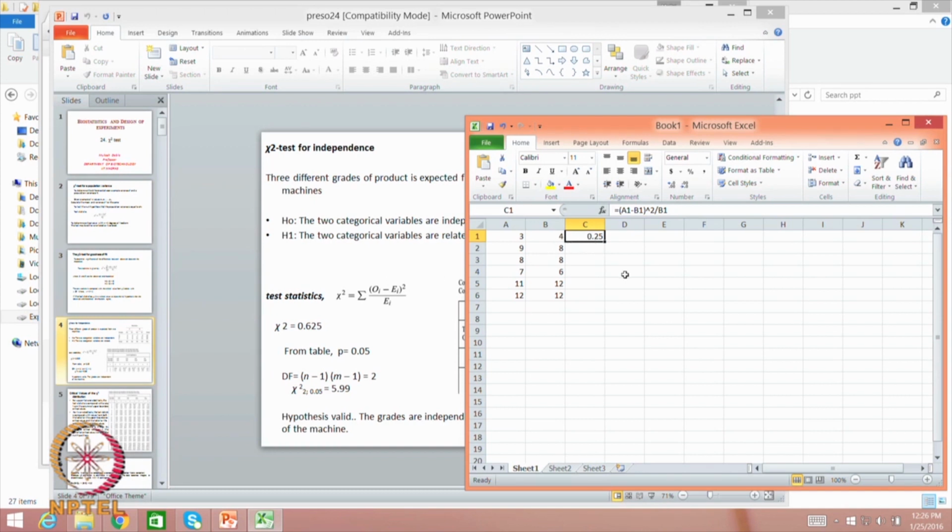We do the same thing for all the data and then we add them up. The summation comes out to be 0.625.